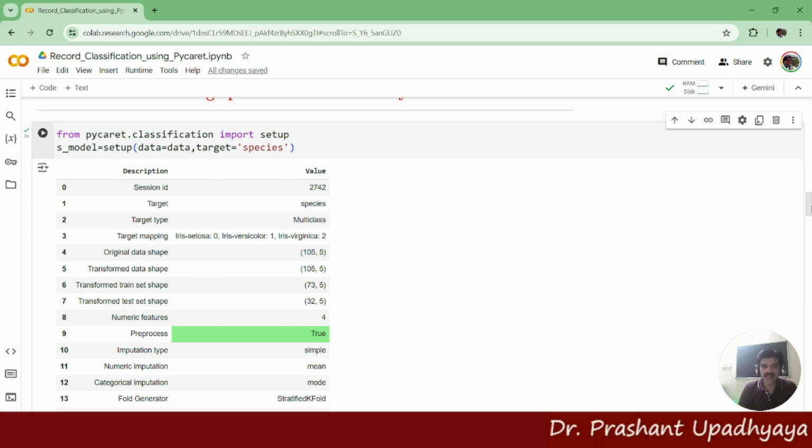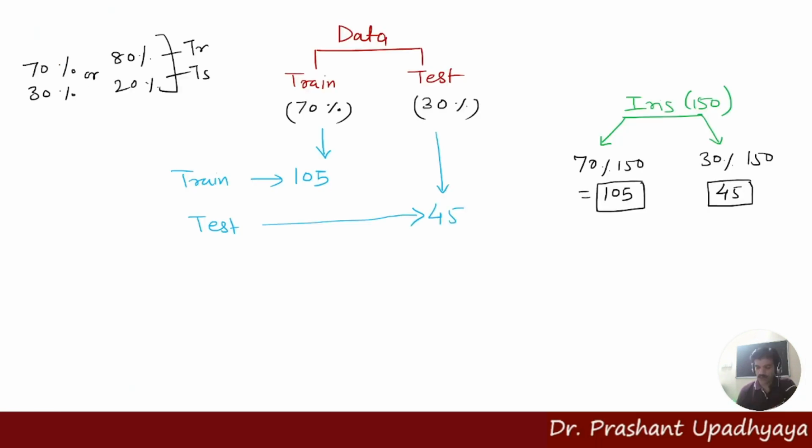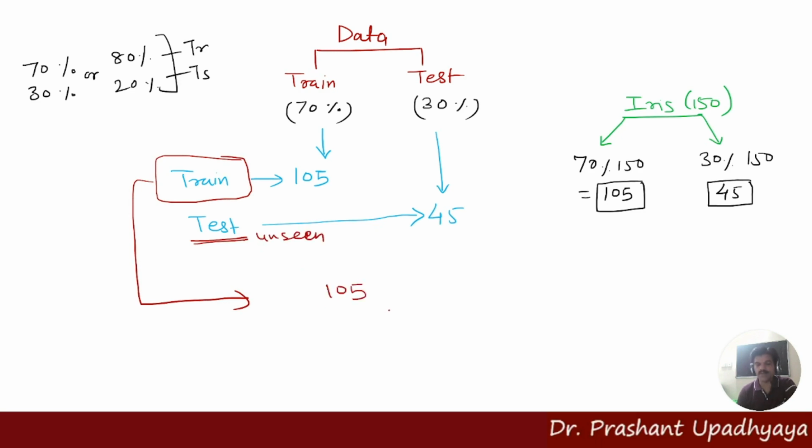Transform train set. Now this is the thing you have to understand. This was my data, so I have these 105 samples. When I am creating the setup with this train data, because the other was unseen data, I have got 105 samples.